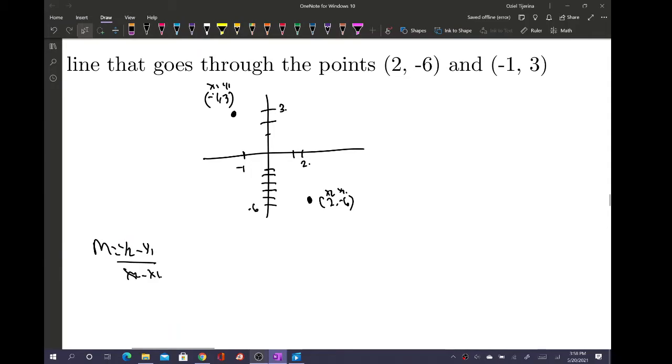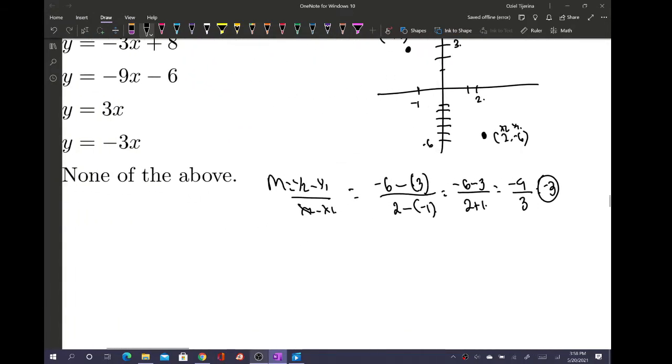So basically our slope would be -6 minus 3, over 2 minus -1. So it's going to be -6 minus 3 over 2 plus 1. This is equal to -9 over 3, which is -3. So our slope is -3.